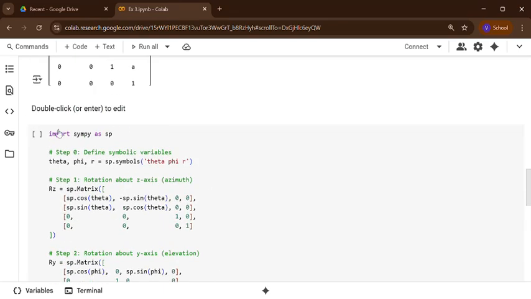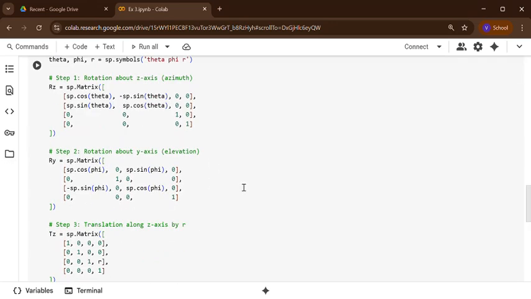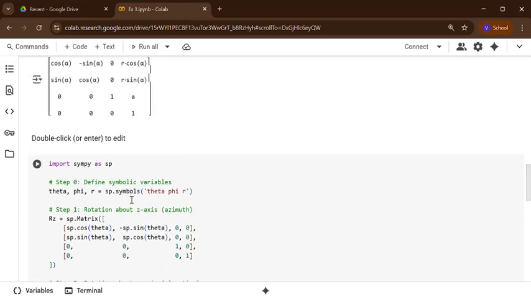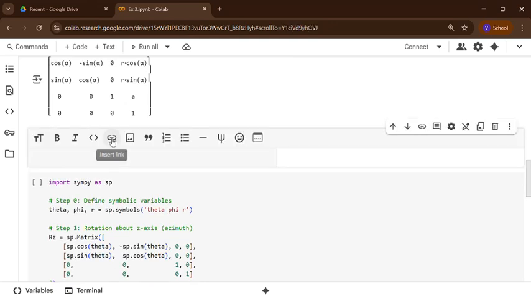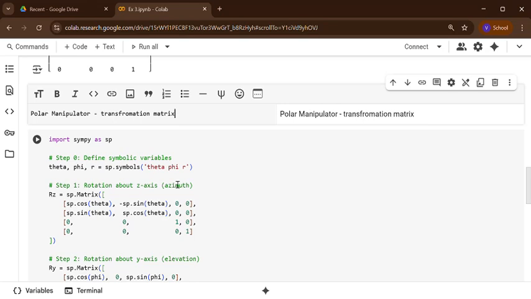Next comes the articulated manipulator. So the question is translation. It is a polar manipulator. So you have to derive the polar manipulator transformation matrix. We all know that for this you have 2 rotations and 1 translation.